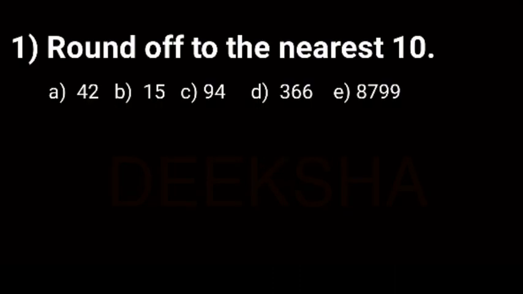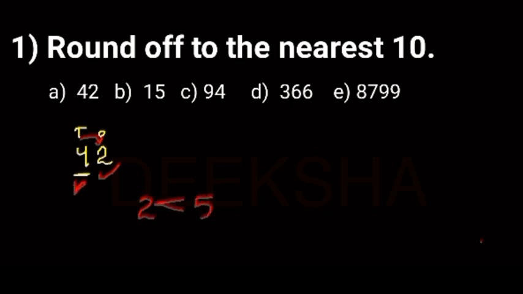First is round off to the nearest 10 and its A part is 42. You want to round off to the nearest 10, that means ones, tens. You want to round off here. So for this you will check the number right to this tens place. Okay, this 2 is less than 5.